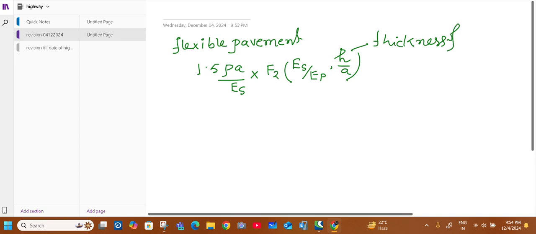F2 is the factor of Es by Ep, comma H by A. H is the thickness of reinforcing layer.